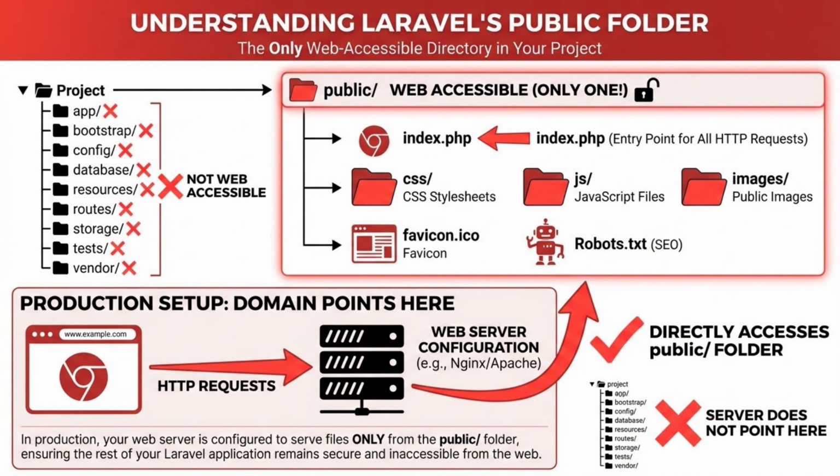In a real production environment, when you point your domain to your Laravel application, the server should be configured so that the domain maps directly to the public folder. This ensures the server serves only safe, public-ready assets, while everything else inside your project remains hidden and secure. If the server pointed to the main project root instead, all of your internal files would be exposed, creating huge security risks.